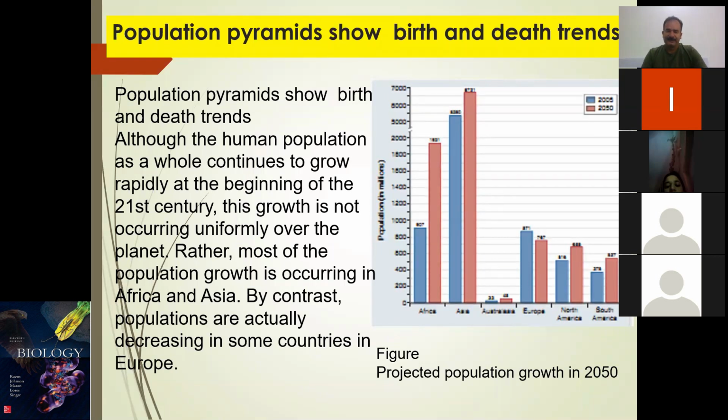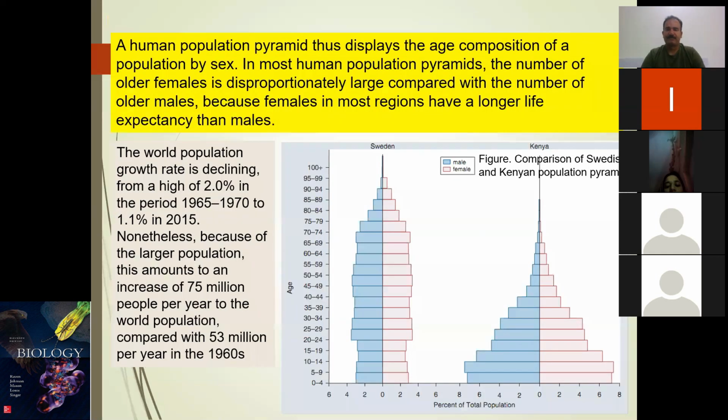So Africa and Asia are still thickly populated areas, and these areas have more potential for human population growth. Some countries of Europe are showing negative growth. You can observe these human population pyramids, and in this case we have the example of two countries, Kenya and Sweden.